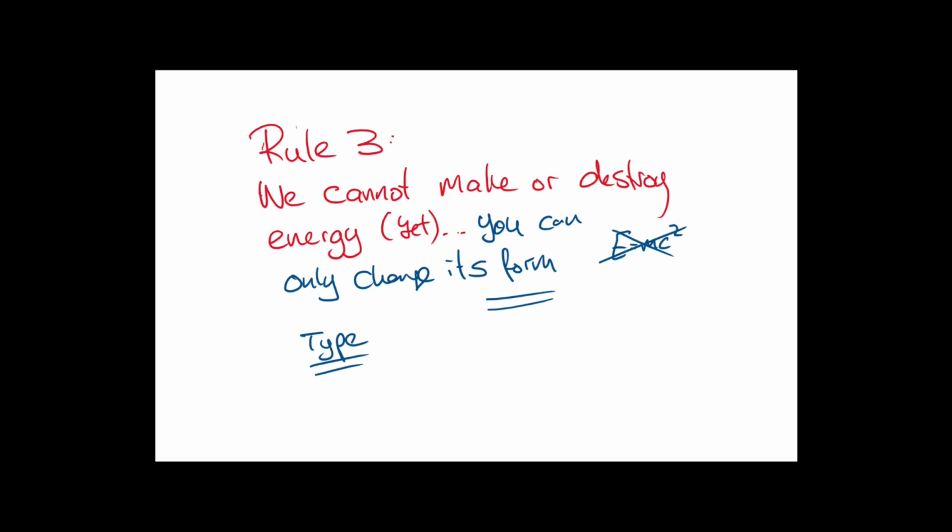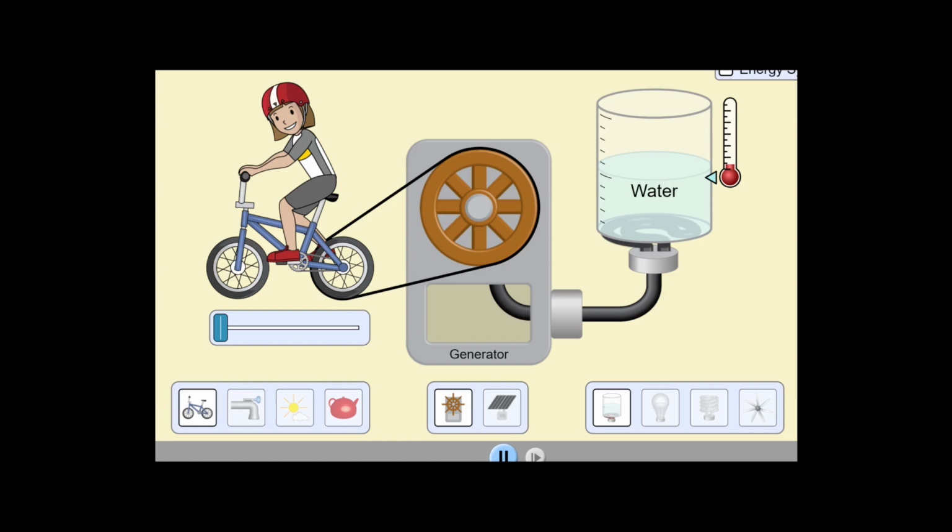And I'm going to illustrate that by using a simulation from PhET. I'll put the link in the description. So here we have a simulation. We have this person here on an exercycle. The exercycle isn't going anywhere, so why she needs a helmet, I don't know. What's going to happen is we're going to run the simulation.